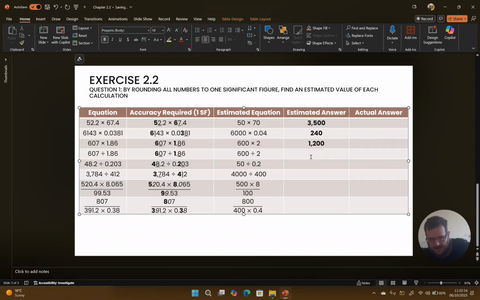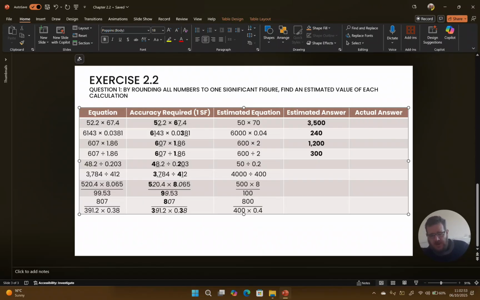So 6 divided by 2 is 3. And then 2 zeros. Works out well.